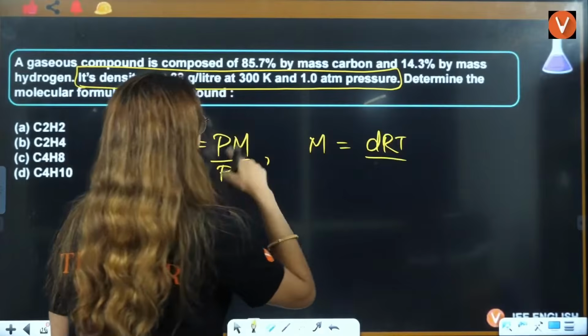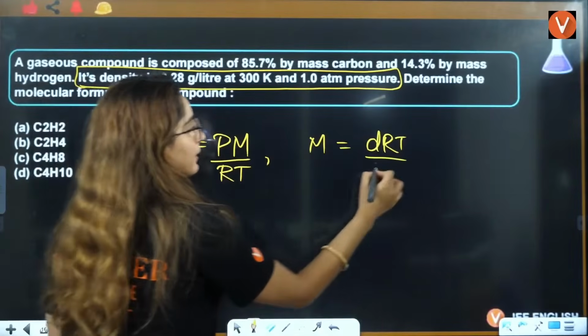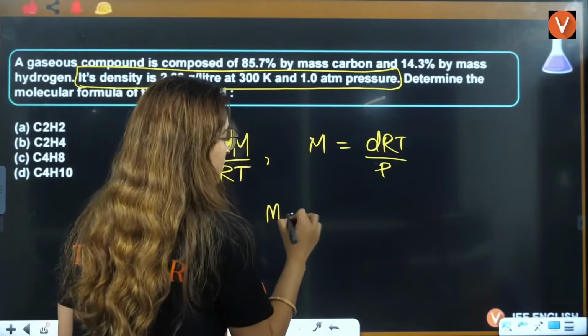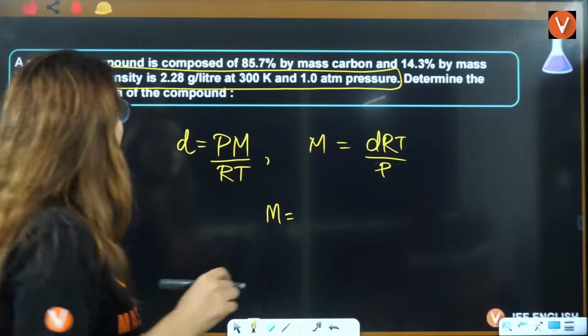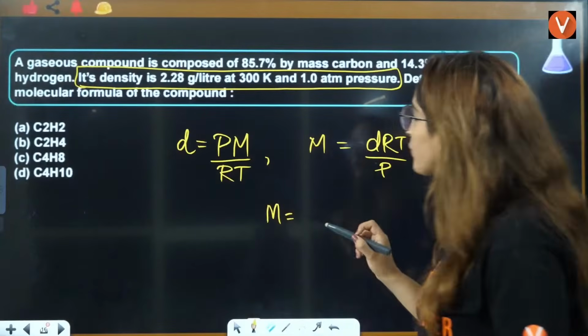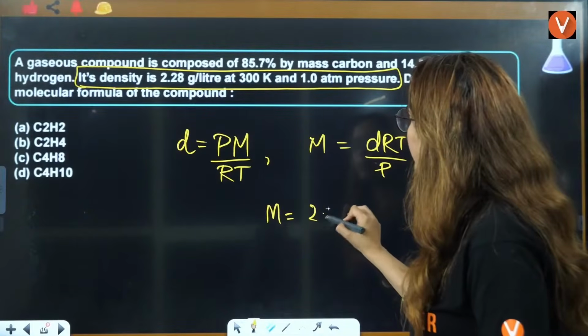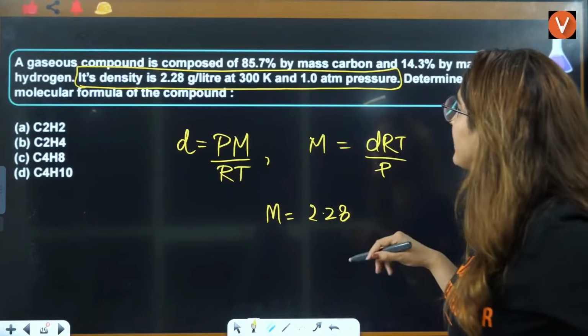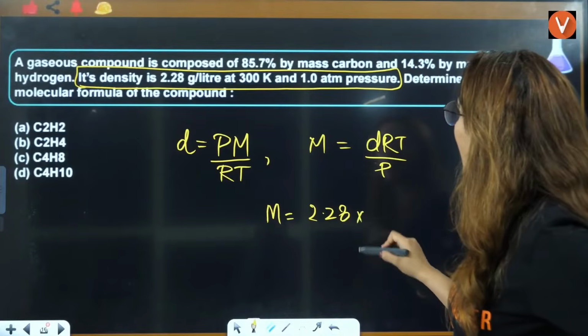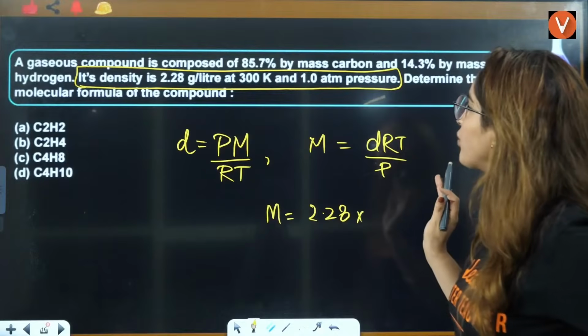So that is going to be M is equal to DRT by P. Now the molar mass is equal to the density, and you also have to look at the units here. Density is 2.28 in gram per liter. Then what R value will you put here?